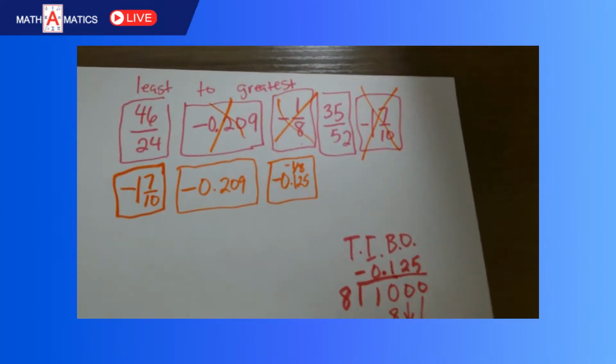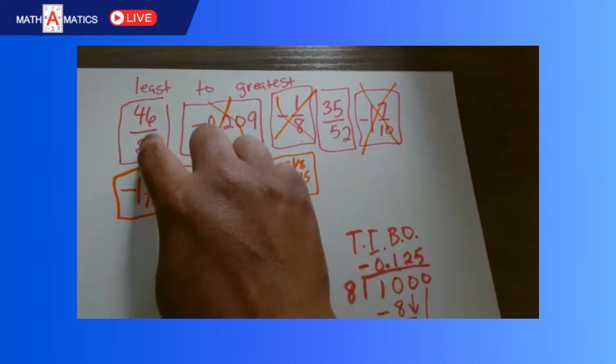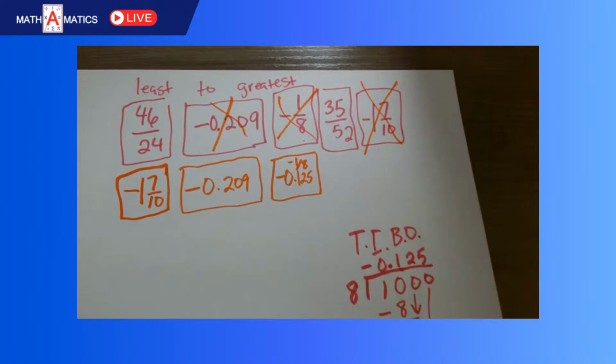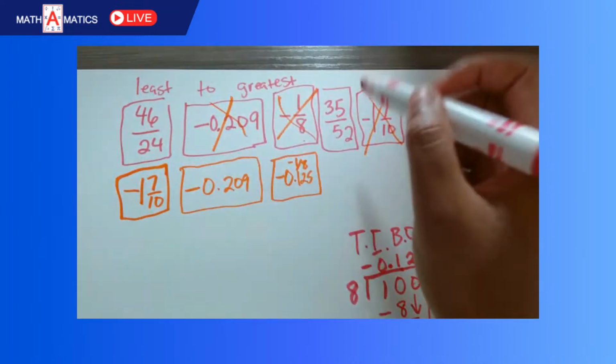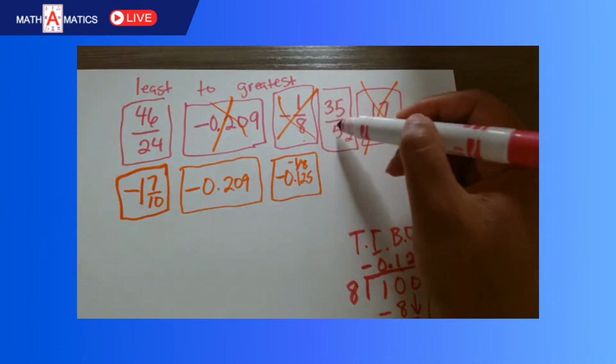Now we are down to two fractions: one improper fraction and one proper fraction. Our improper fraction means that we have a whole of some type. We know that this other one doesn't have a whole.